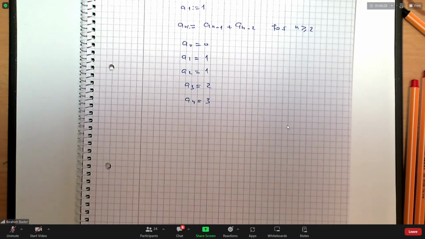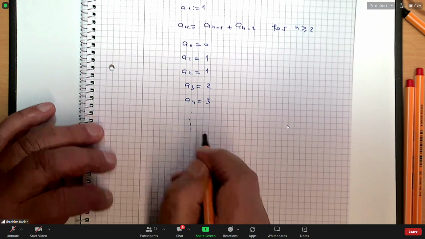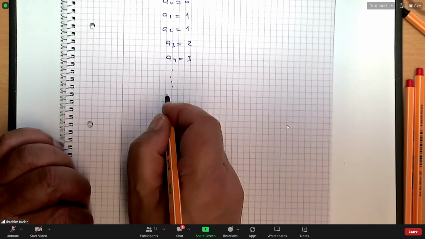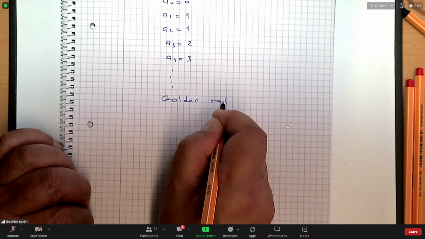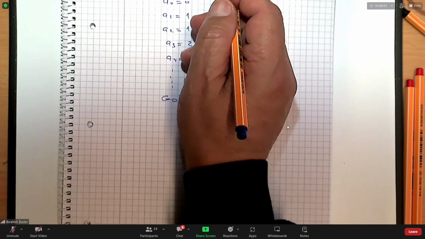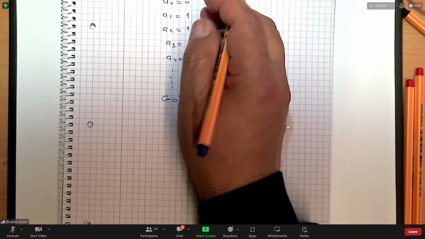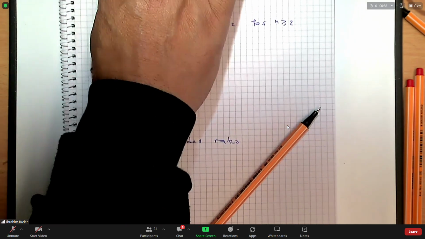Now this one here, somewhere here, you will be getting a golden ratio. So AN minus 1, it means here in other words the sum of the two previous terms, right?